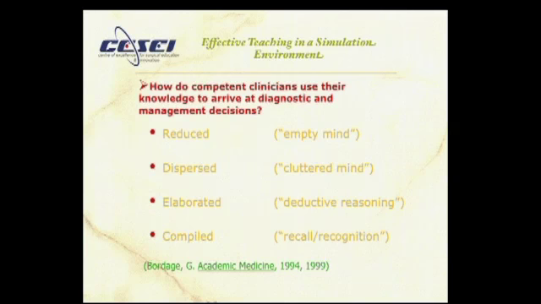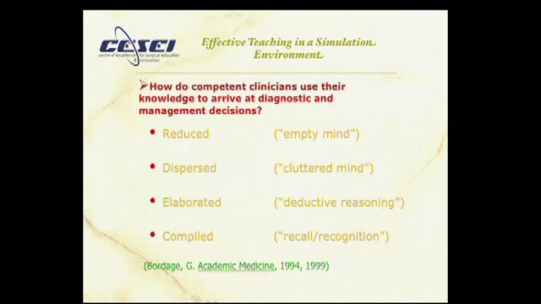I'm not going to talk about the first two, but elaborated thinking is mostly used by clerks and residents in their early education years, because that's how they come to decisions.